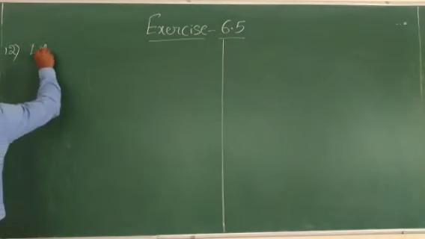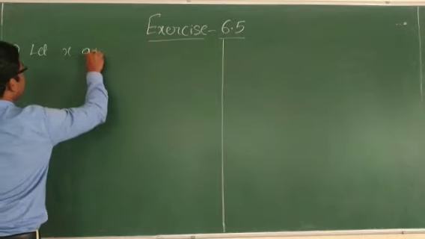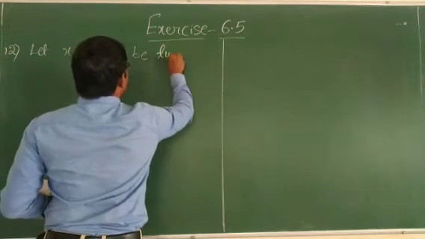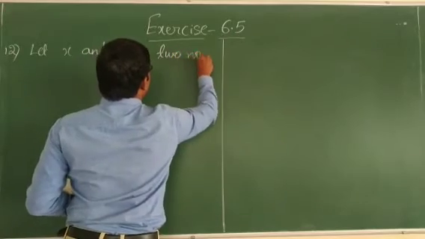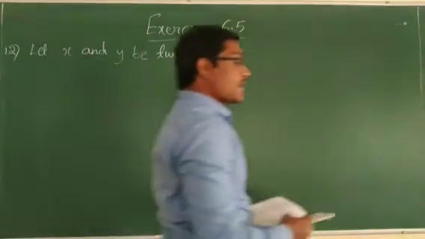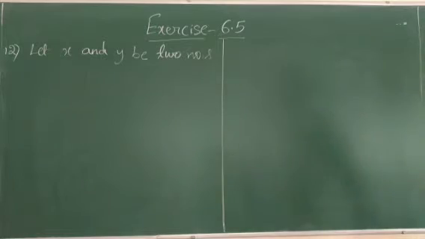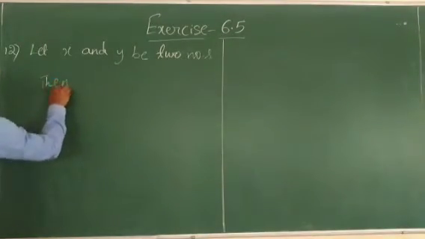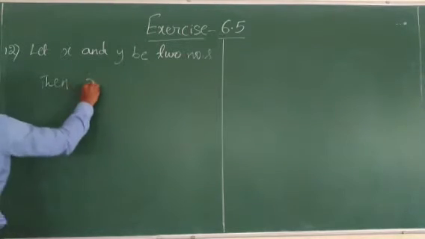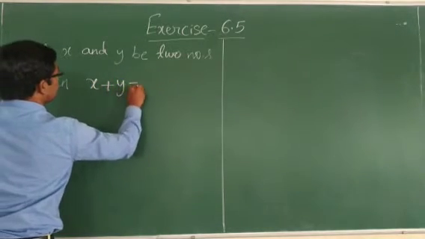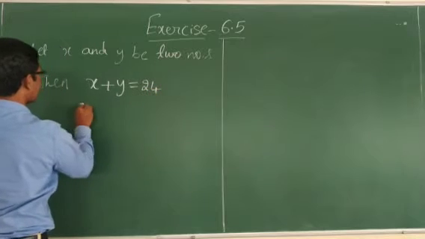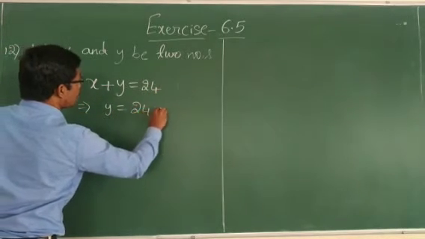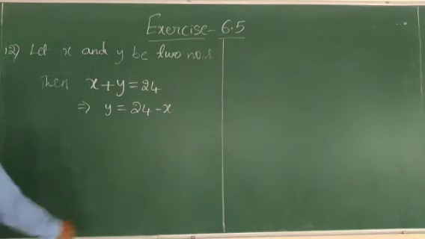Let x and y be two numbers. If we take x and y as two numbers, then it is given x plus y is equal to 24. From this we can get y equal to 24 minus x.